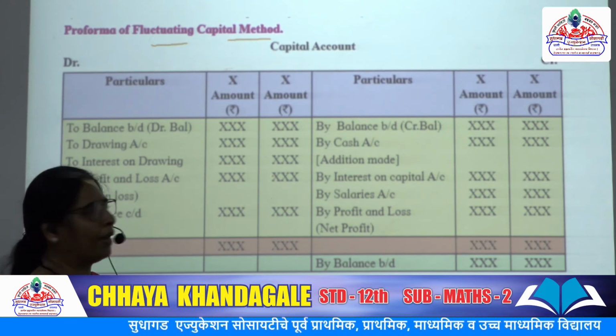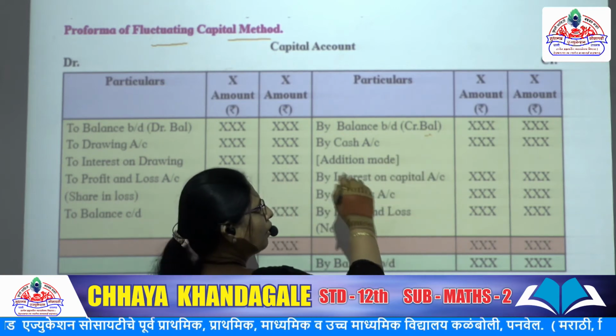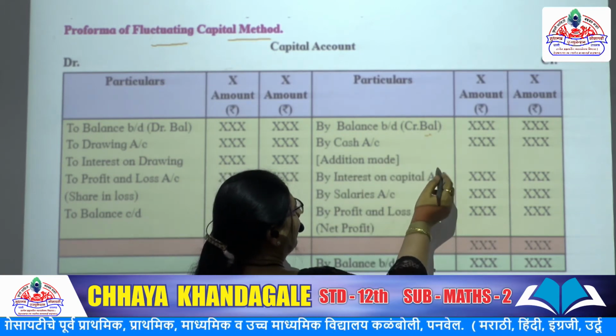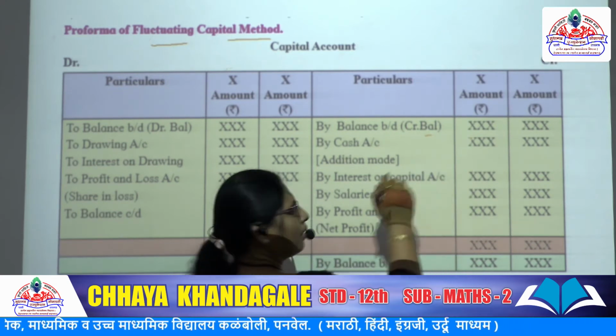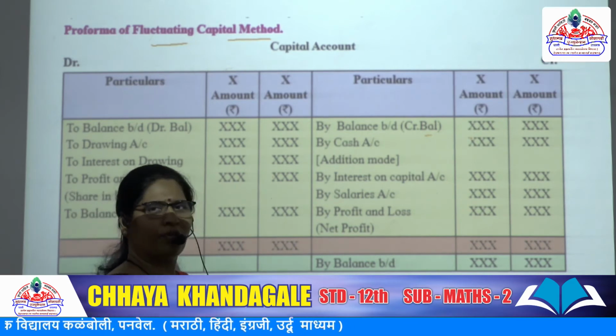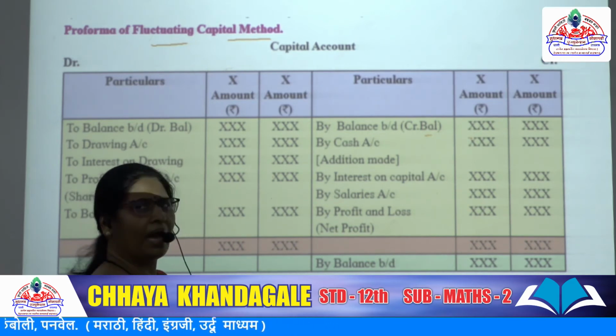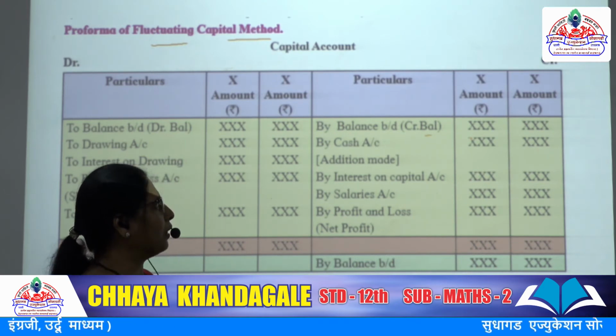Now in your trial balance, if balances are given on the credit side, say partners Amit and Ashok are sharing profits and losses equally, and they have brought rupees 1 lakh and 1,50,000 as capital.